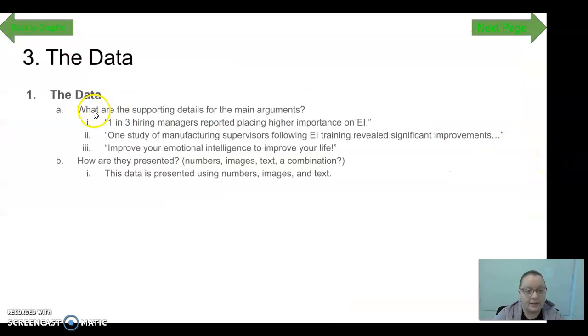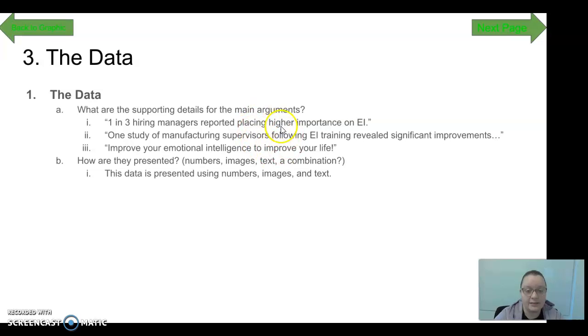All right, the data. What are the supporting details for the main argument? So these are just quotes from the infographic here, that 1 in 3 hiring managers reported placing higher importance on EI, and that supports our idea that their argument is that having an improved EI will help you to get hired. One study of manufacturing supervisors following EI training revealed significant improvements, and improve your emotional intelligence to improve your life.